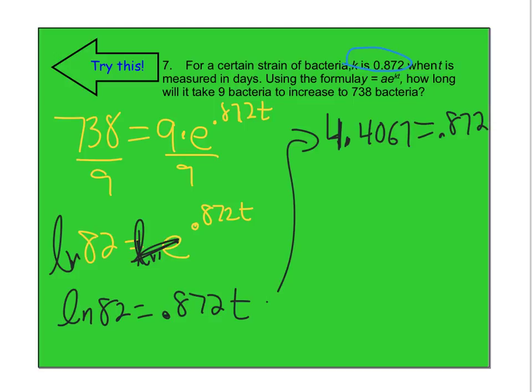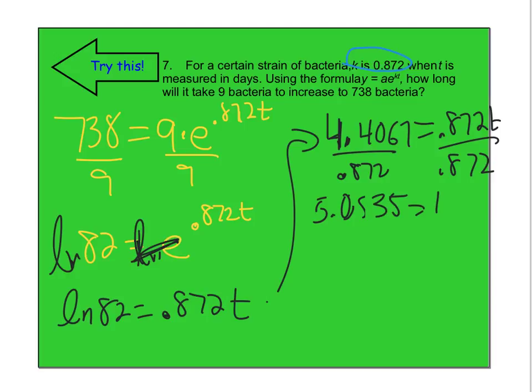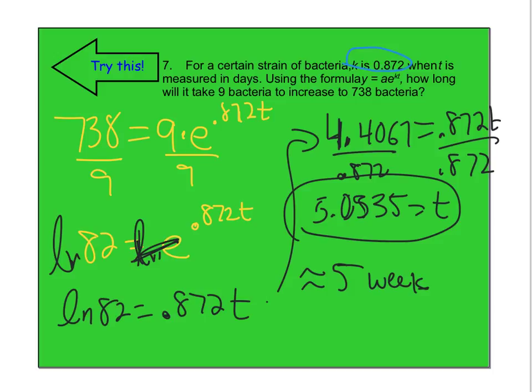And if I divide that by 0.872, that's going to be 5.0535. So it's going to take approximately 5 days to hit 738 bacteria. All right, play around with that. Use what we know about logs, and come talk to me with questions.